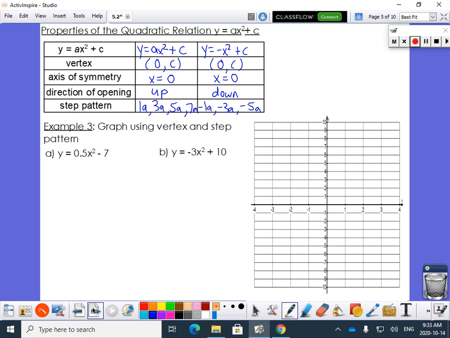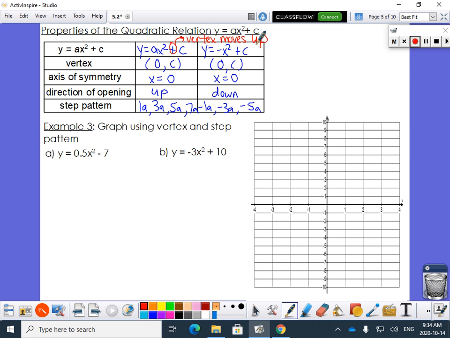What I want you to remember, and what's very important here, is when this is a plus sign, our vertex moves up. Right? And we just saw that. We had +8 in our last equation, and we saw that it moved up 8 units.